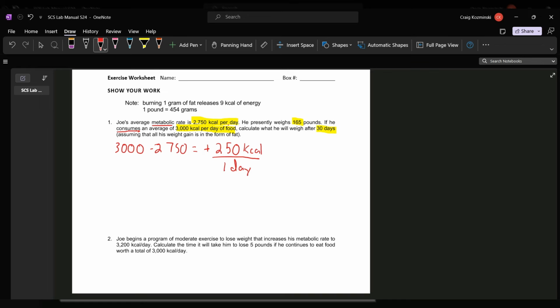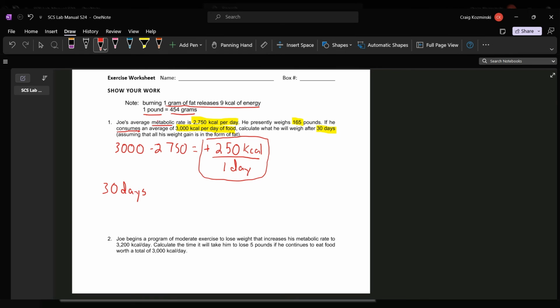And so, what the question is asking you is that if his initial mass or weight is 165 pounds, what will his weight be after 30 days? So, if you start this conversion with 30 days, then using our conversion factor here, you should be able to convert days to kilocalories and kilocalories to grams of fat and grams to pounds.